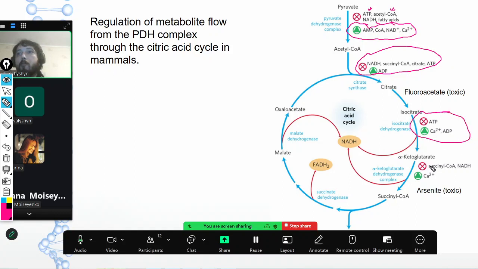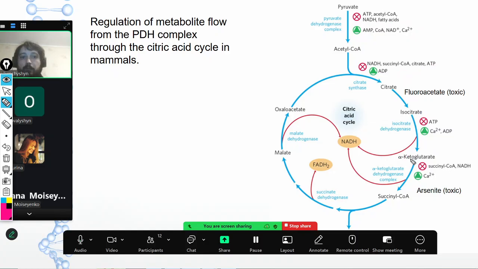Some molecules that signify a low energy state will activate the Krebs cycle. Other molecules that tell you that we are in a high energy state, that we have enough ATP to perform whatever we do, will inhibit some of these enzymes and try to make the Krebs cycle slower.